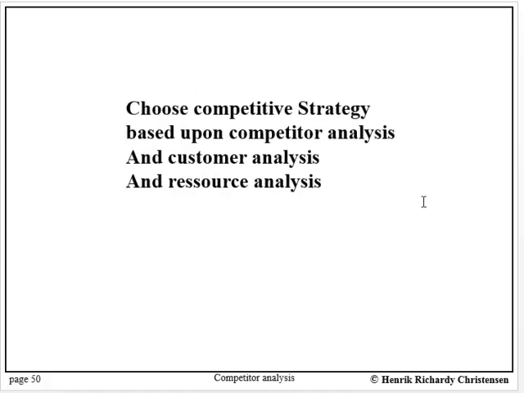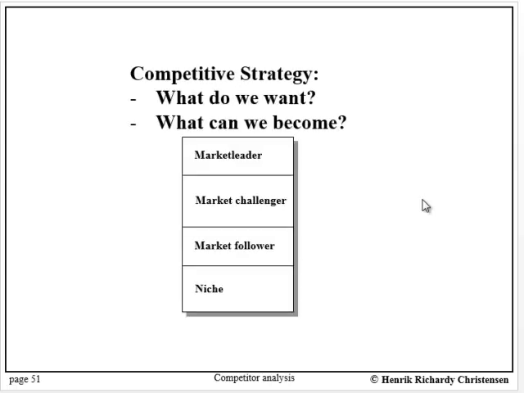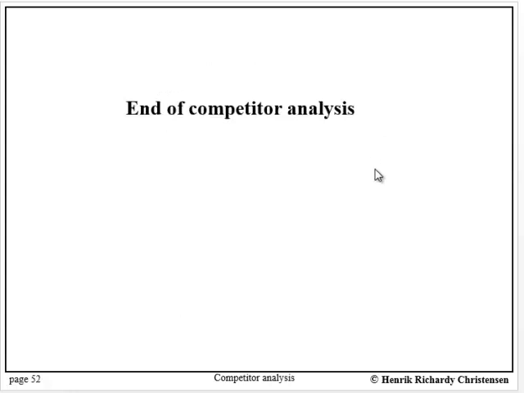So choosing a competitive strategy based on competitor analysis and customer analysis and resource analysis leads us to this: we can choose between 4 different competitive strategies: market leader, market challenger, market follower, or niche. And it all depends on what we want and what we can become. The analysis will help us decide that. And that ends the session on competitor analysis.